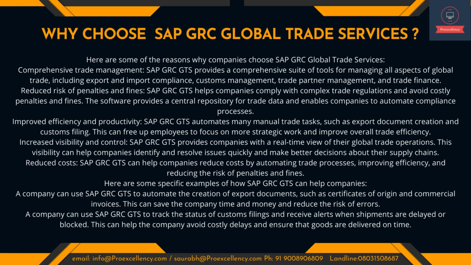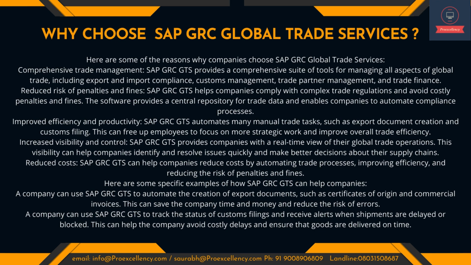Reduced costs. SAP GRC GTS can help companies reduce costs by automating trade processes, improving efficiency, and reducing the risk of penalties and fines. Here are some specific examples of how SAP GRC GTS can help companies.